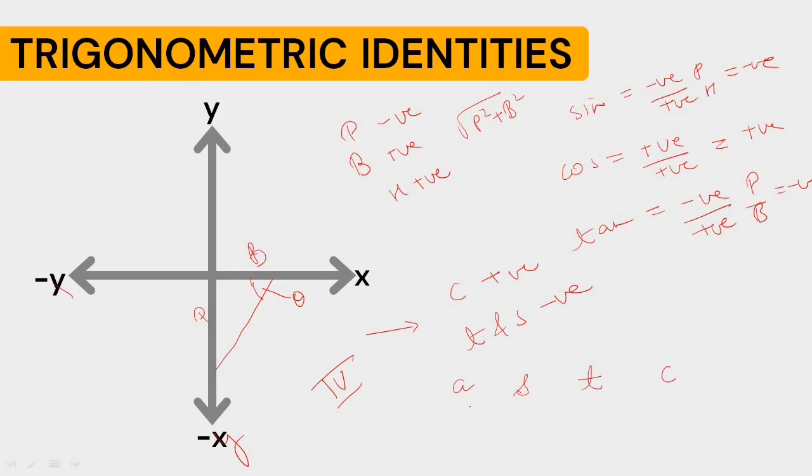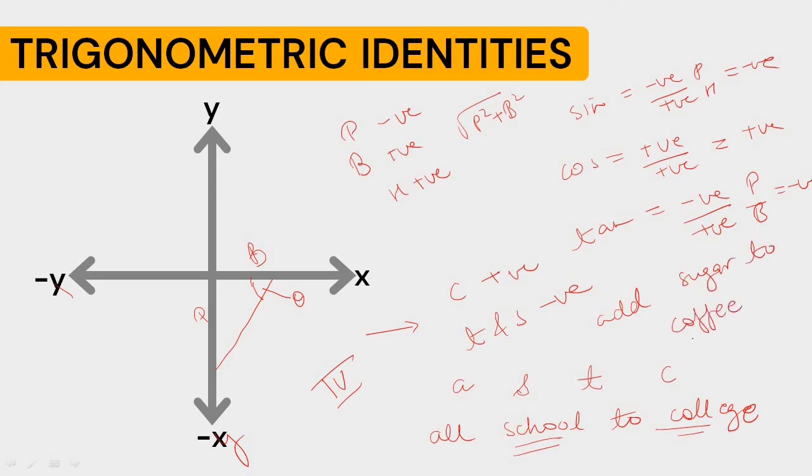So there is a trick to remember these. We don't have to perform all these experiments all the time, making triangles, using P by B or P by H to find the values. We can just remember it like "All School To College", which means from school we go to college, or we can remember it like "Add Sugar To Coffee".